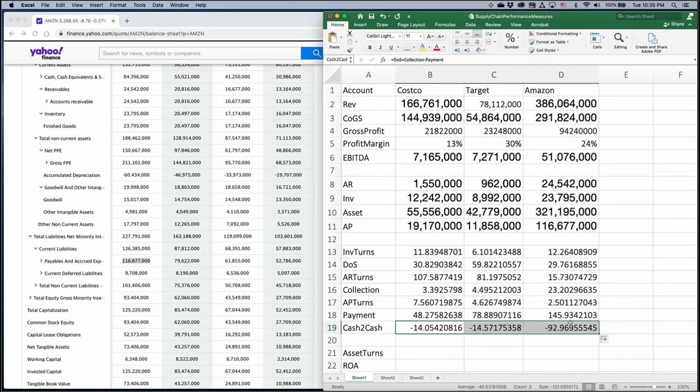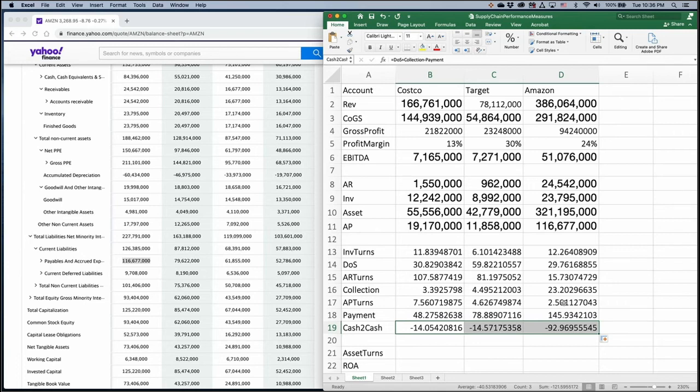Why do they have 92 days? Because their payment to their suppliers is very long. Their days of supply is only 1 month, and their collection period is only 23 days.